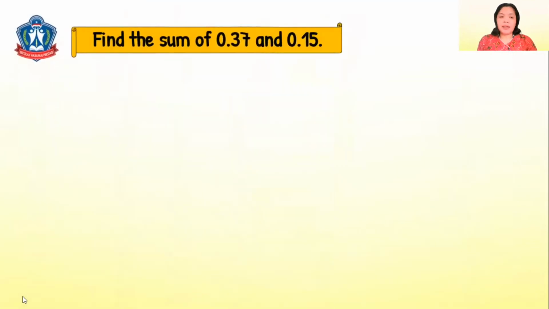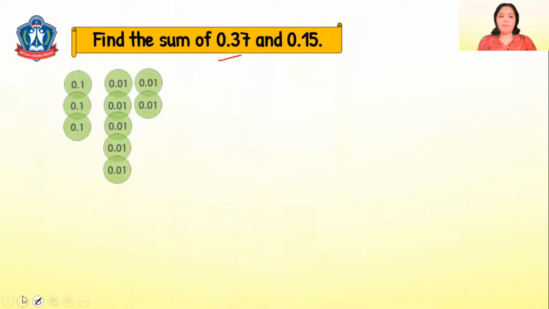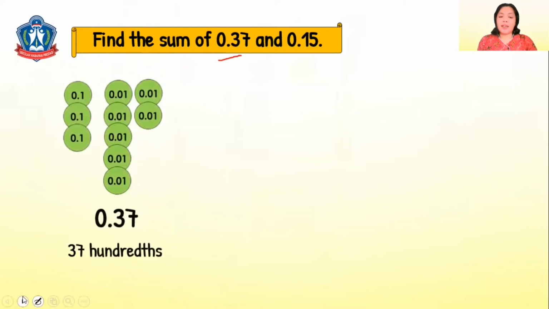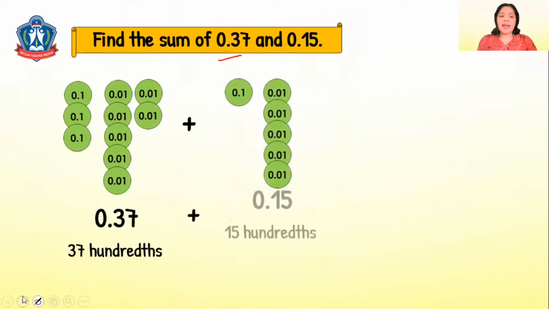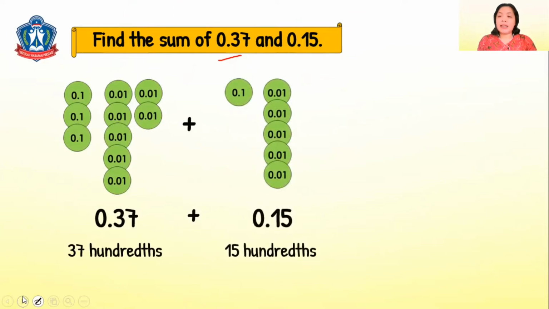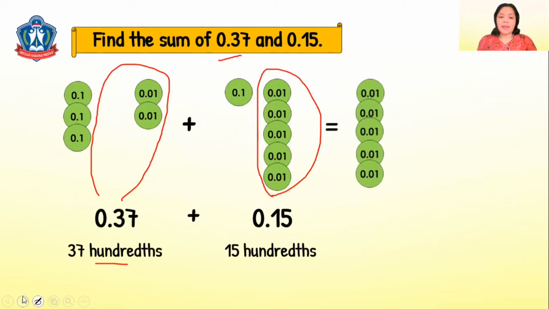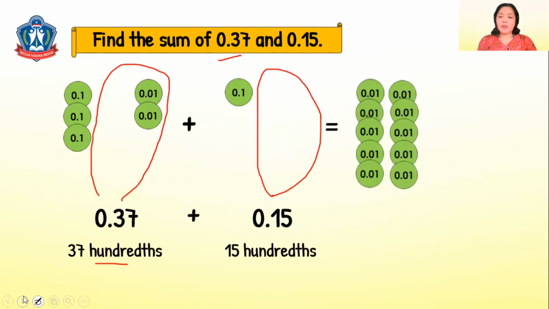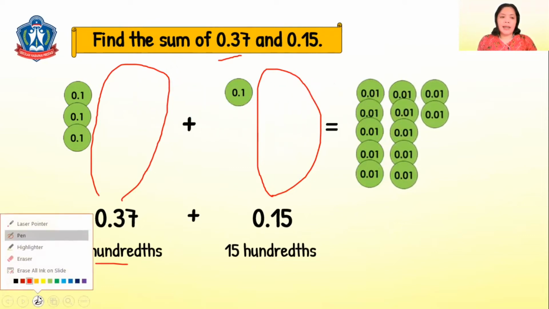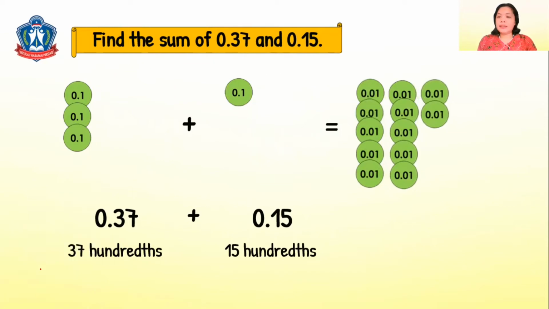Another example, let's find the sum of 0.37 and 0.15. So we have 0.37 plus 0.15. Again, let's add first the numbers in the hundredths. So we have the 7 hundredths plus the 5 hundredths. This is equal to how many hundredths? 7 plus 5 is 12. So this is 12 hundredths. As we observe, this is more than 10.